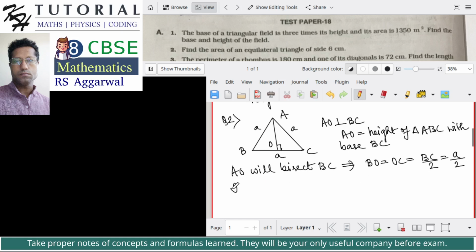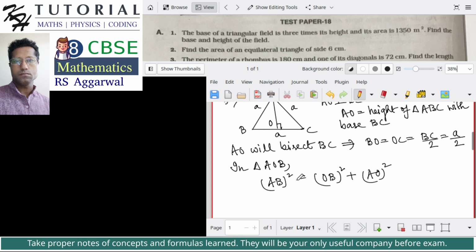Now in the right angle triangle AOB, from Pythagoras theorem we will have AB square is equal to OB square plus AO square. This implies AB square is A square, and OB square is A by 2 whole square, plus AO square.